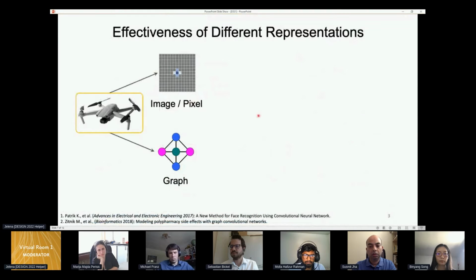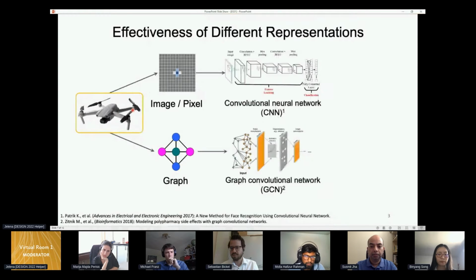For investigating the effectiveness of images and graphs as design representations, the study uses the two representations to present drone designs. Then, I employ convolutional neural networks, or CNNs, and graph convolutional networks, or GCNs, to learn the image and graph representations respectively.